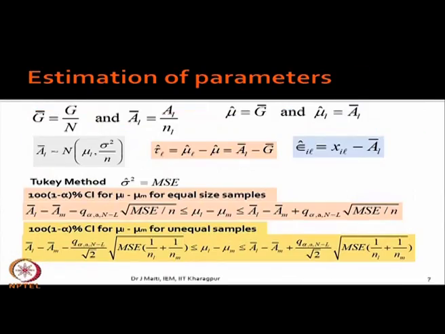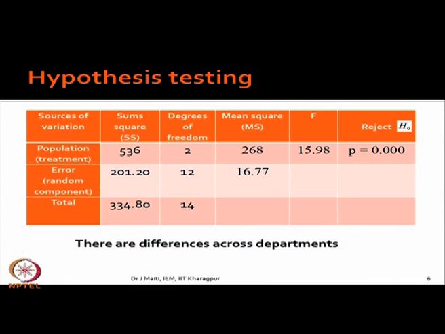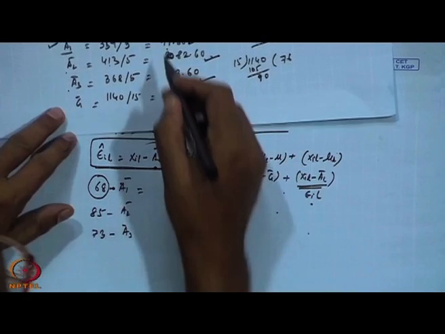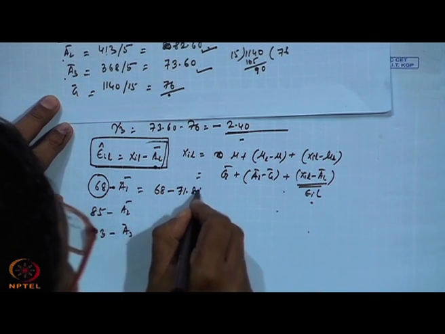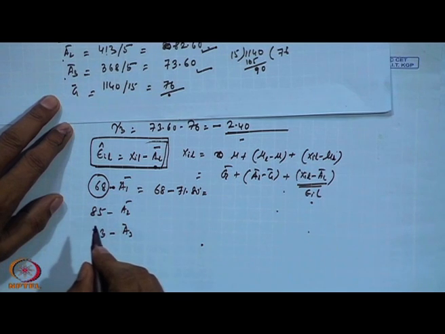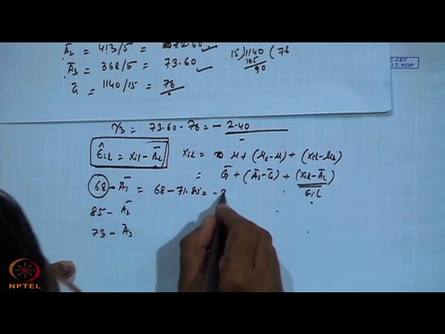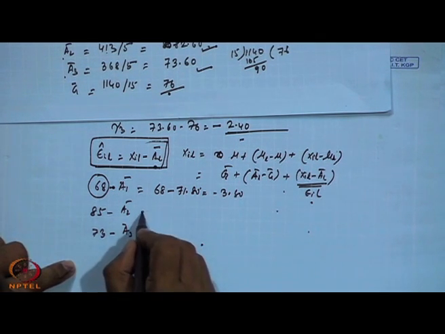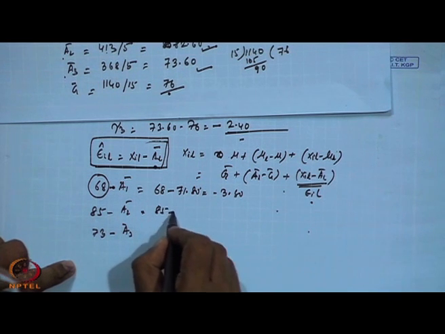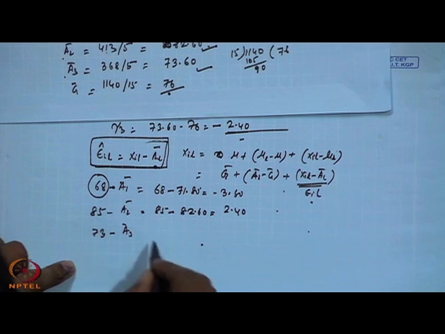Now again go to where we have calculated G bar and A_l bar. A1 bar is 71.80, so 68 minus 71.80. Is it not minus 3.80? Then 85 minus 82.60, is it not 2.40?